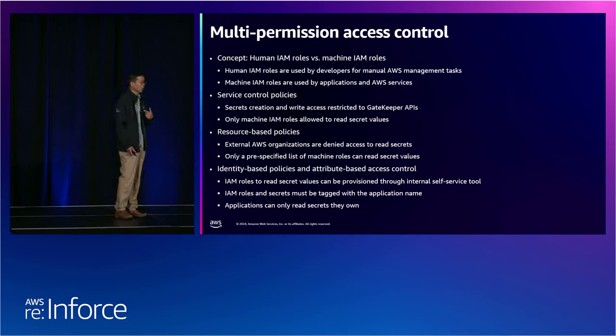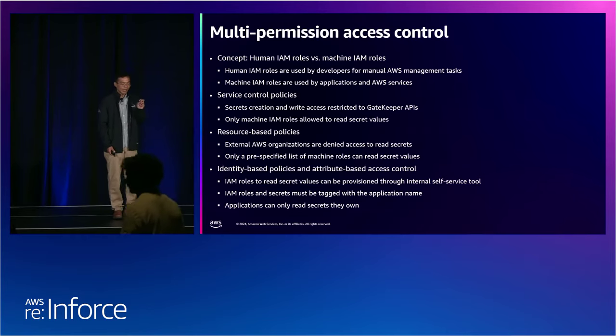So on the SCP, we deny all access to human IAM roles based on name pattern. This puts a very good guardrail to ensure the secrets in this solution are not going to be read by any human or developer and then leaked or used for something else.